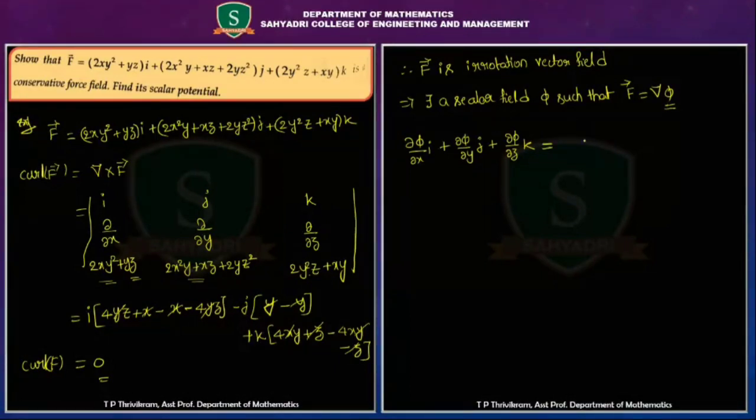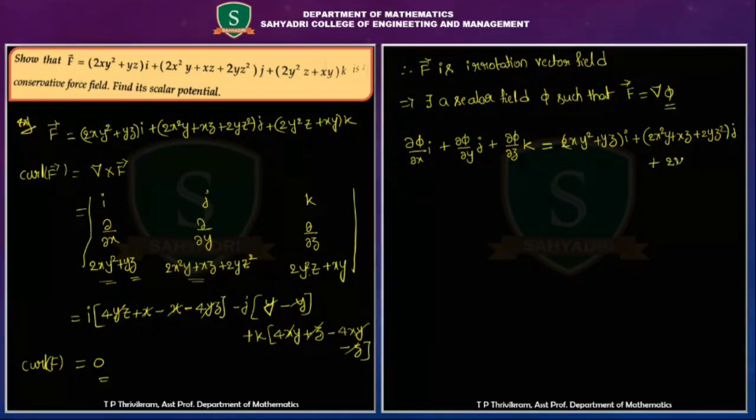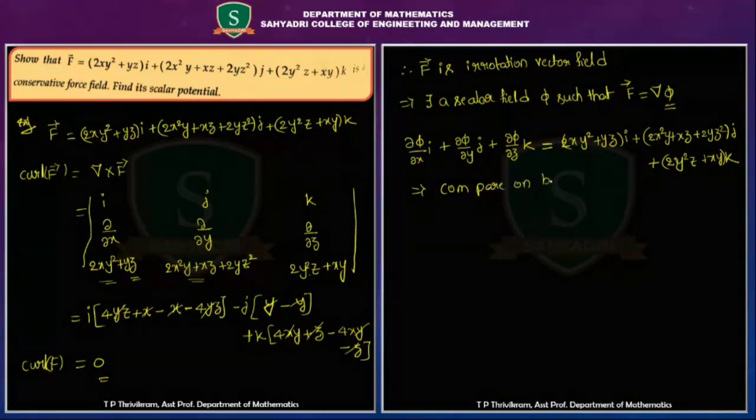This one should be equal to 2xy square plus yz i plus 2x square y plus xz plus 2yz square j plus 2y square z plus xy into k. Implies compare on both sides. If you compare on both sides, what will you get?